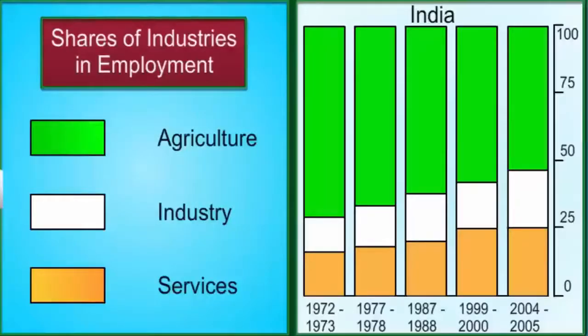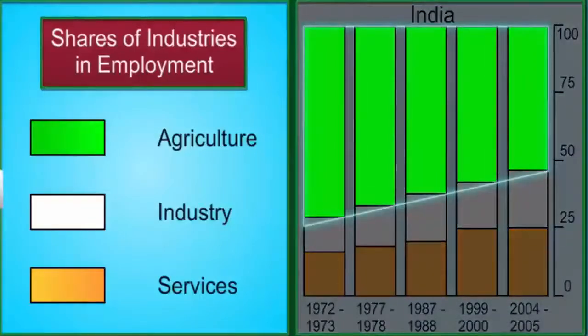A decrease in the share of agriculture in our GDP does not mean that our agricultural output has decreased. It means that the growth in agriculture is slowing down and is much lower as compared to the growth in industries and services.